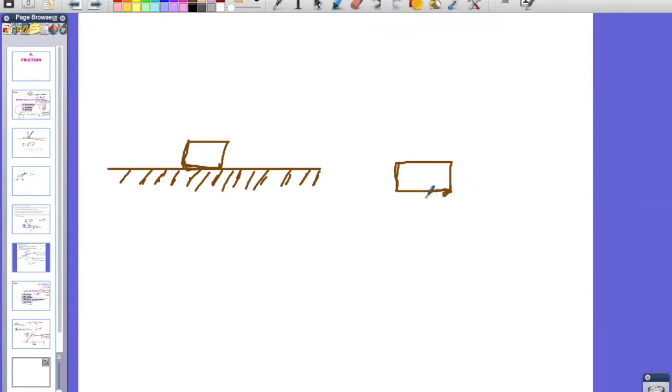Then this kink, if this other object also has a kink, is going to hold on for some time.